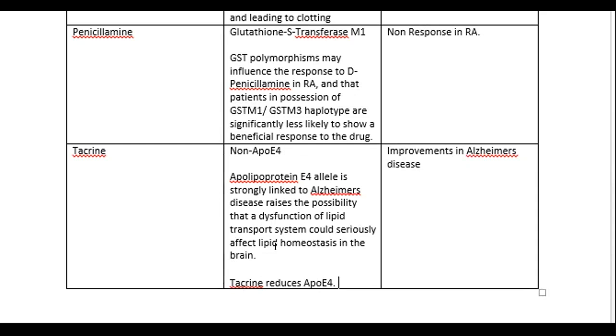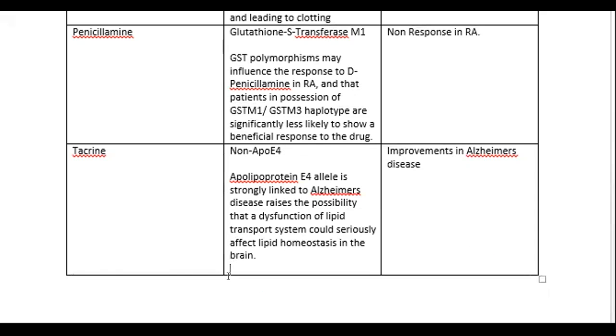What happens when this tacrin is given to patients with the polymorphism of the ApoE4 gene, with the ApoE4 allele, versus non-ApoE4 allele patients?